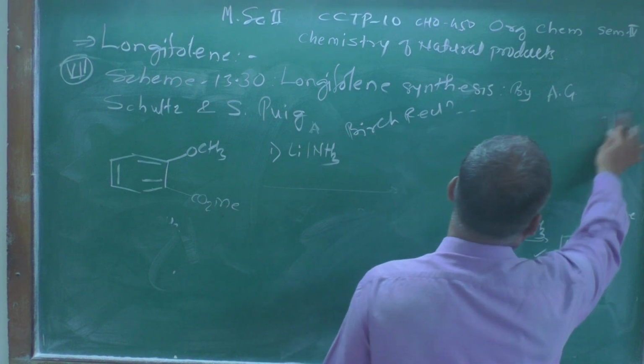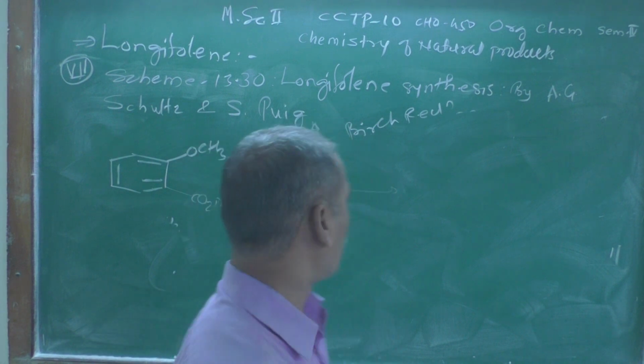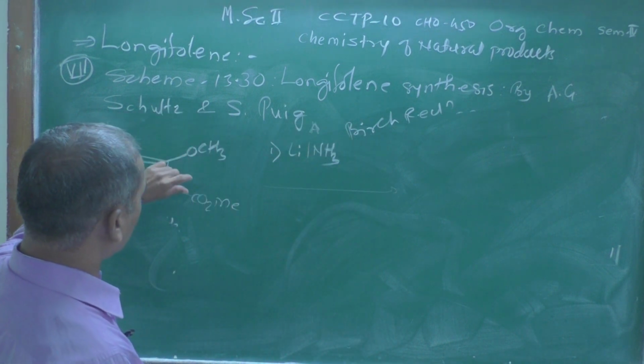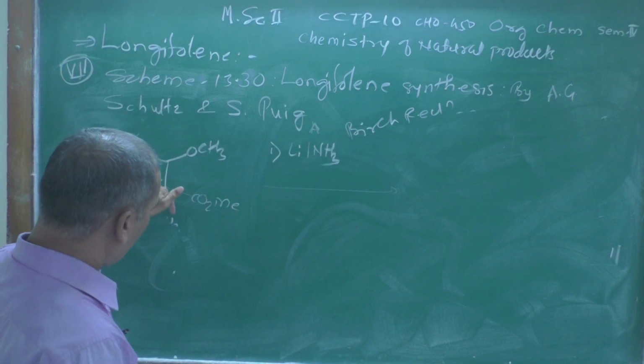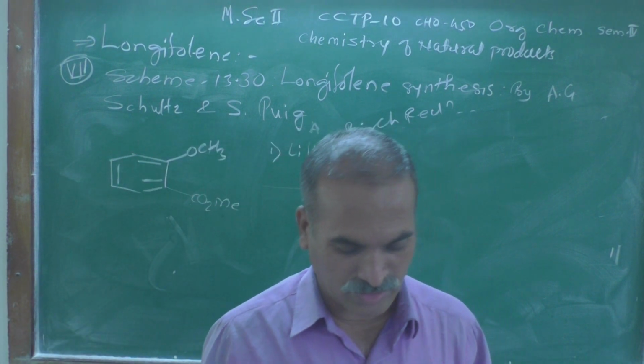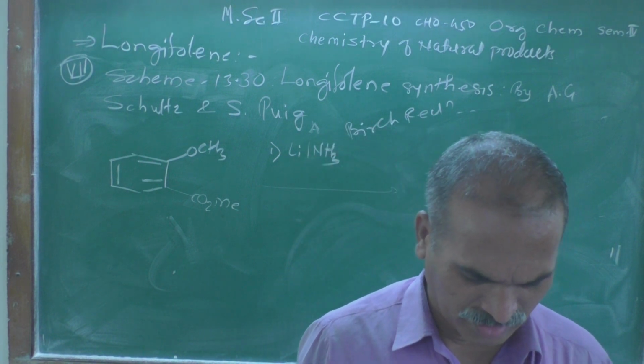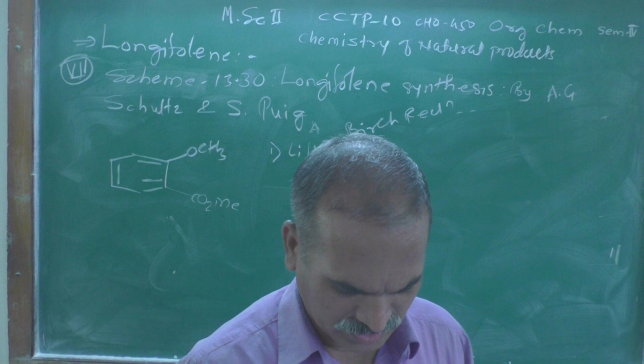So this is what we call the Birch reduction, and the Birch reduction is used over here because there is an electron withdrawing group as well as an electron donating group present, and how the partial reduction takes place over there, you will see later on.